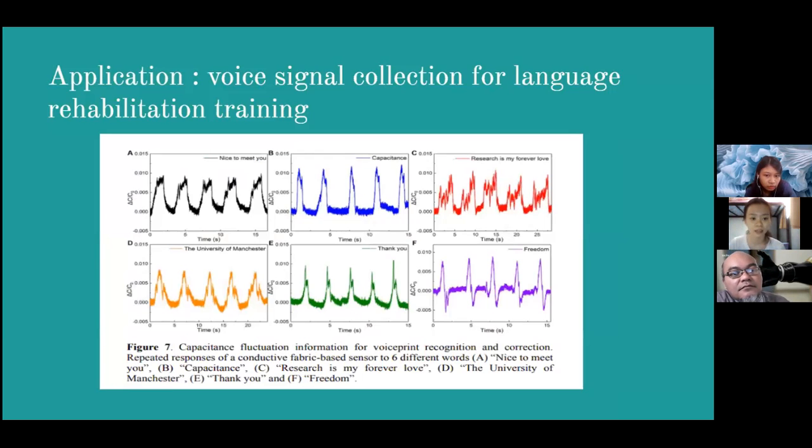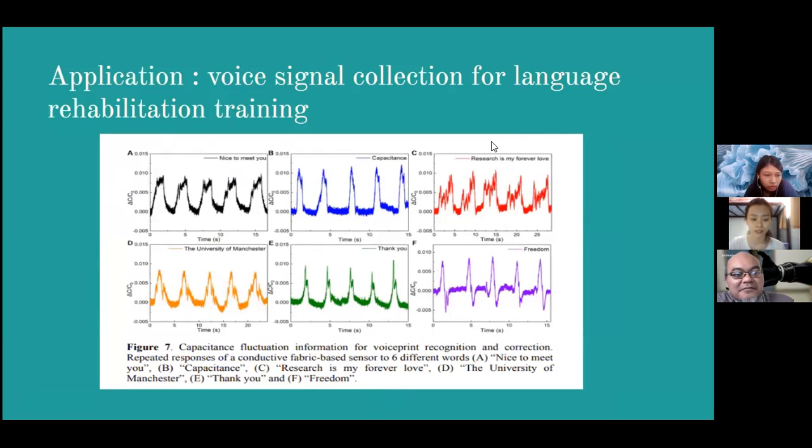And this is another application of the sensor, which is for collection of voice signals in language rehabilitation training. In each of these graphs, the person is saying different words, such as nice to meet you, capacitance, research is my forever love, the University of Manchester, thank you, and freedom.